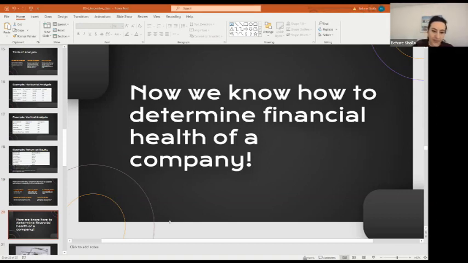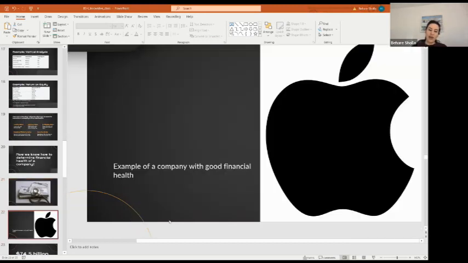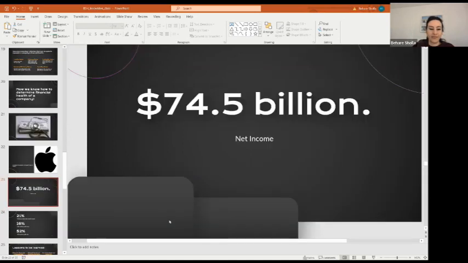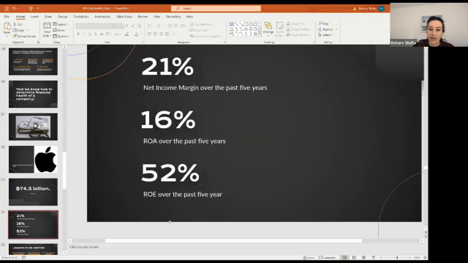of the company. Okay, so here I have taken an example of a company that has good financial health, and it is Apple. Here we can see that the net income of Apple was $74.5 billion, while other indicators say that the net income margin over the past 5 years is 21%.